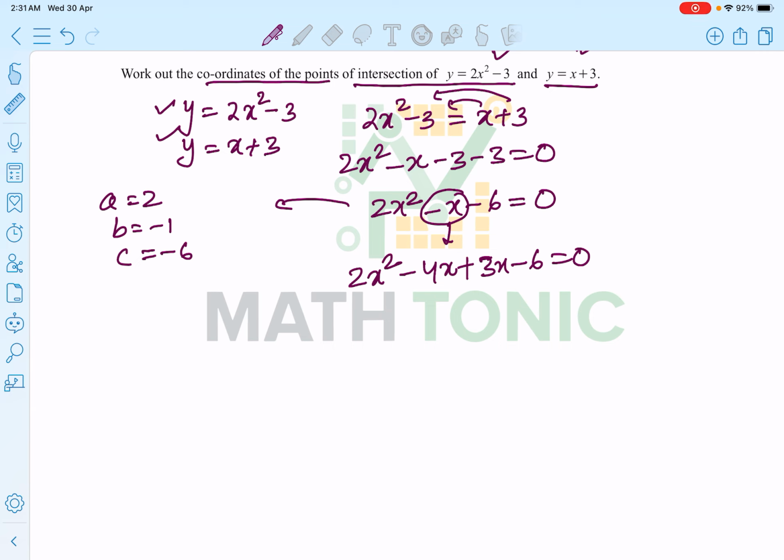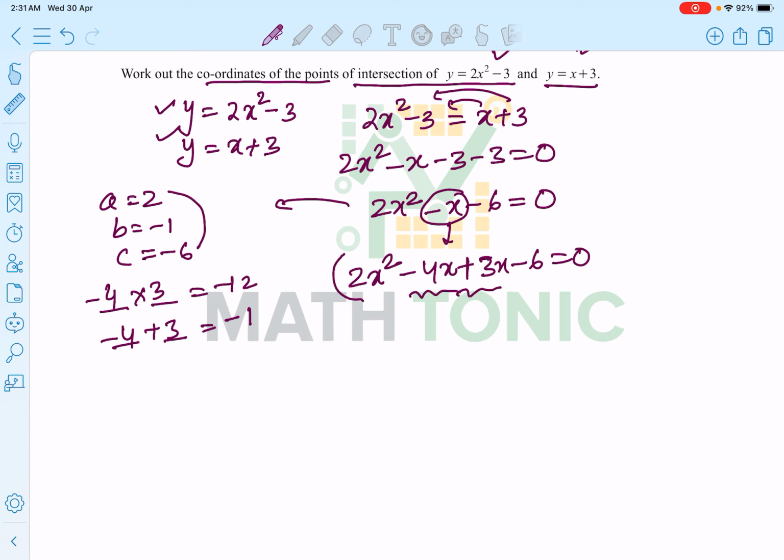We have to find two numbers whose product is AC, which is minus 12, and whose sum is minus 1. Minus 4 times 3 is minus 12, and minus 4 plus 3 is minus 1. That's why I split the middle term like this.